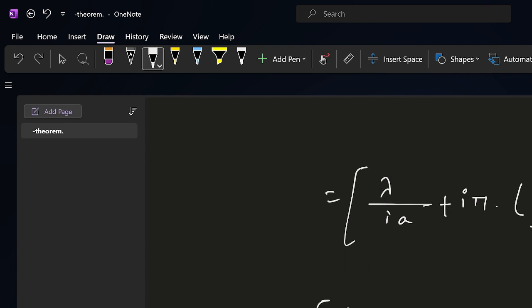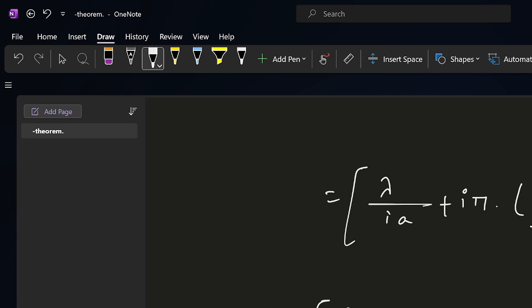So this is lambda by ia plus i pi. Now separate it into two terms: the first term is just 1, and the second term is 2 by e to the power of 2 pi a by lambda minus 1.